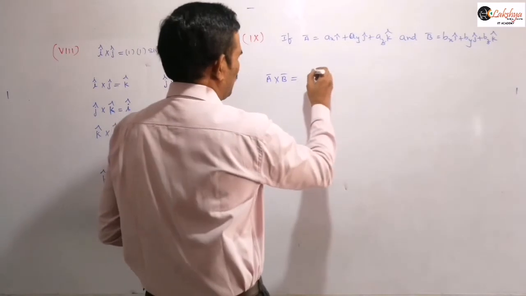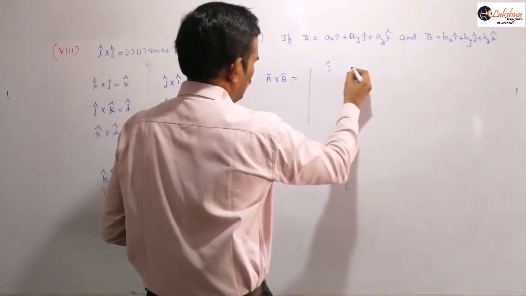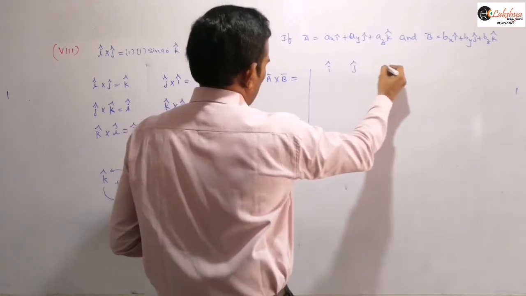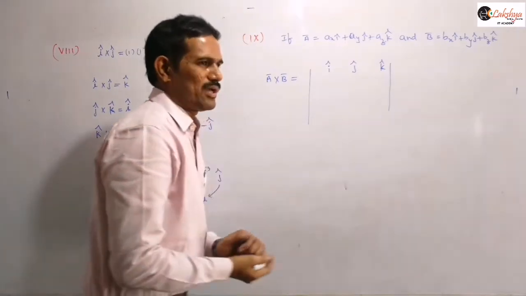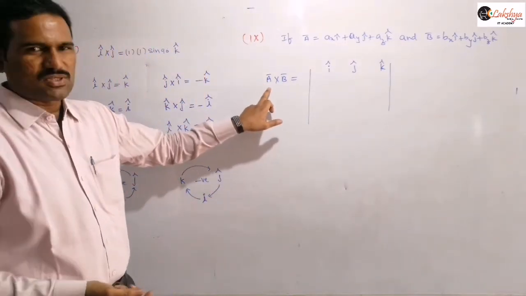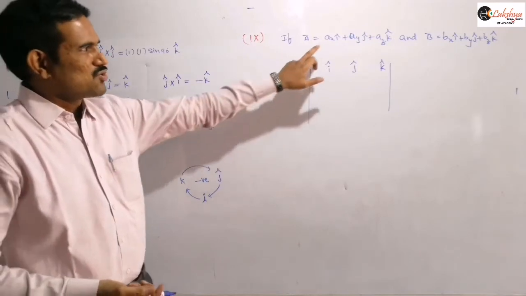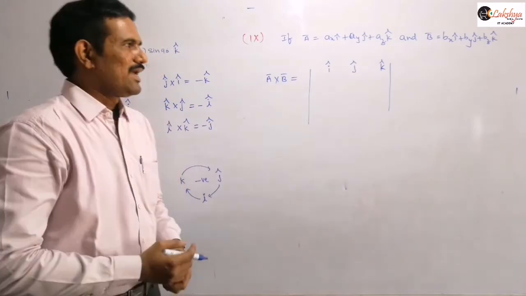So for that, generally we use the determinant here. In that we write the first row as i, j, k, the basic unit vectors, and the second row as the coefficients of i, j, k of the first vector. Here the first vector is a bar. So we need to write the coefficients of i cap, j cap and k cap here, along with the sign.